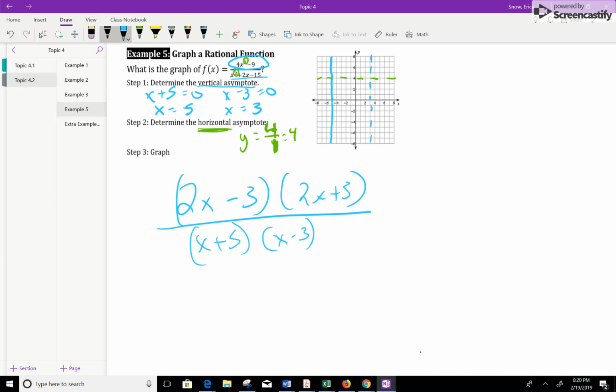So what I'm going to do is plug in some values to the equation in each spot, in this spot and this spot, to see where my graph is.